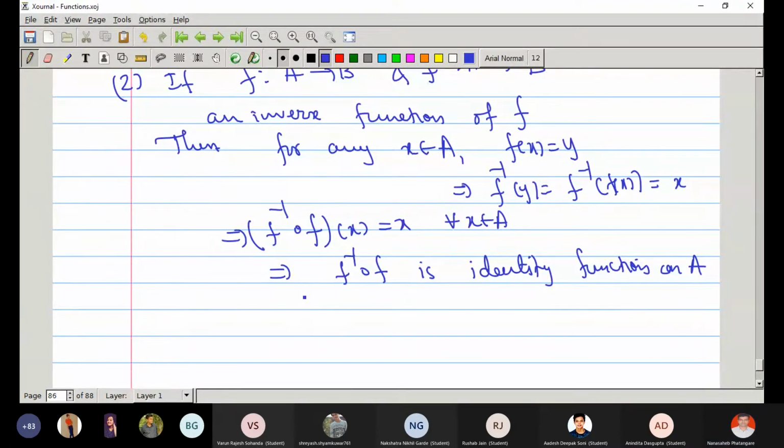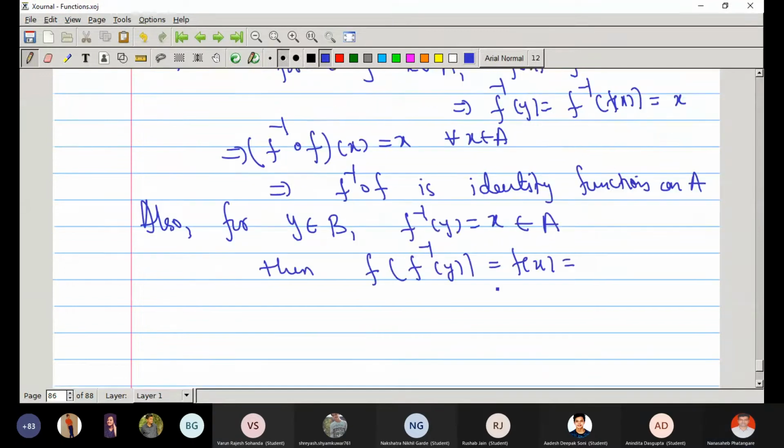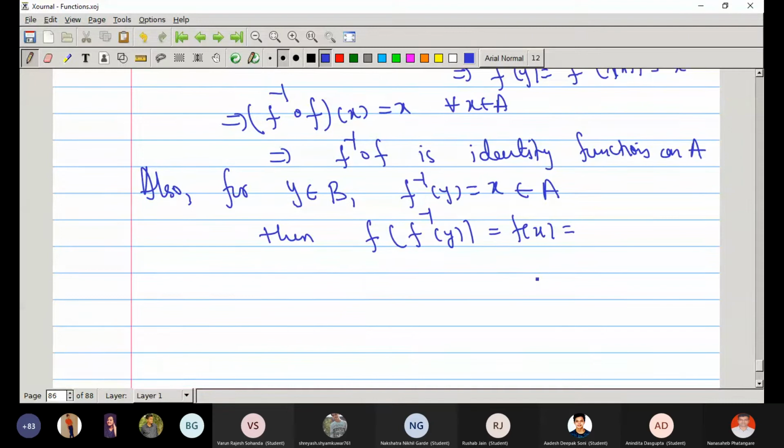Also, for y belonging to the second set B, f inverse of y is x, some element in the domain. Then what is f of f inverse of y? It is f of x. And what should f of x be? It is y.